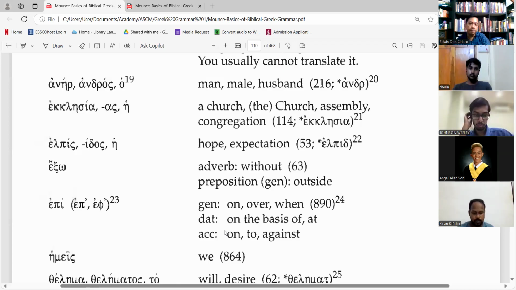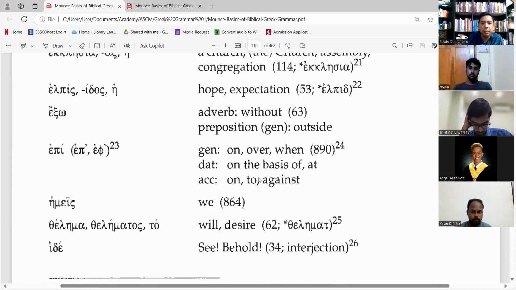And remember, during the early church, it is not a big building. The ecclesia refers to house churches. There might be a particular place, a setting, and then the people are there. And then elpis is hope.